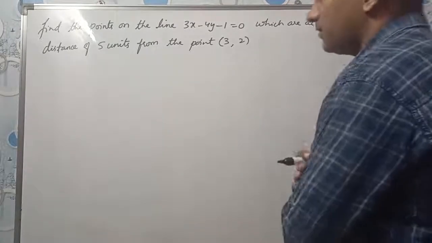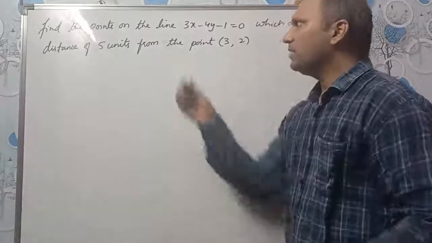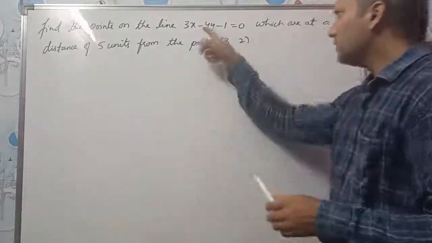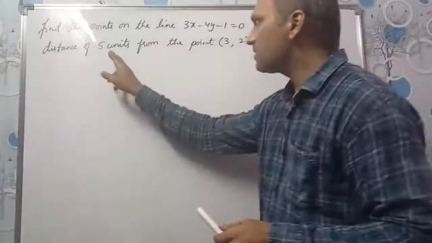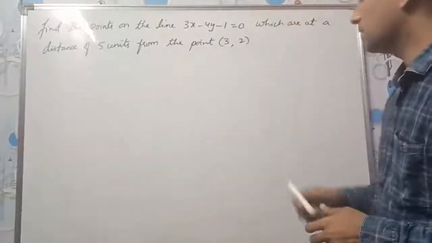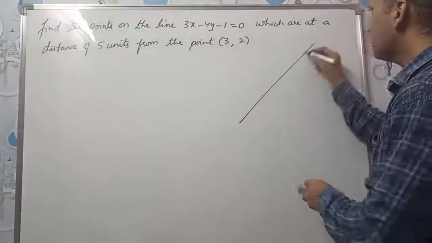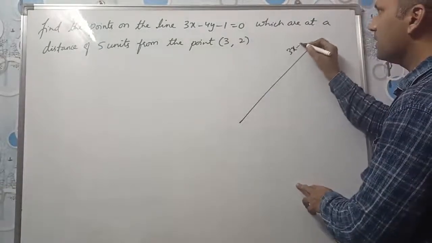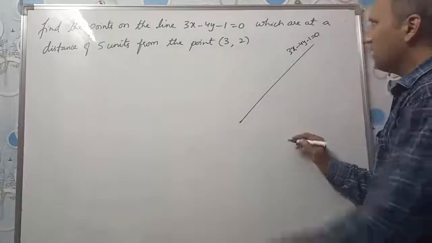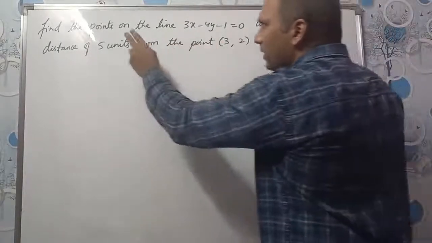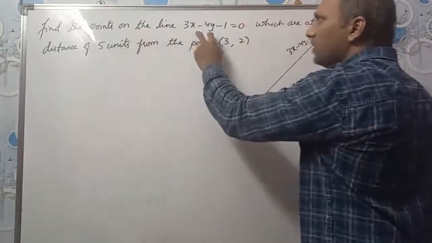Okay. We have a very interesting question here. Find the points on the line 3x minus 4y minus 1 is equal to 0, which are at a distance of 5 units from the point 3, 2. Okay. We have a straight line, and the equation of this straight line is 3x minus 4y minus 1 is equal to 0. Okay. And we need to find the 2 points which lie on this straight line.